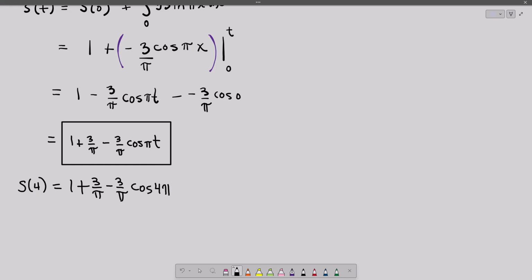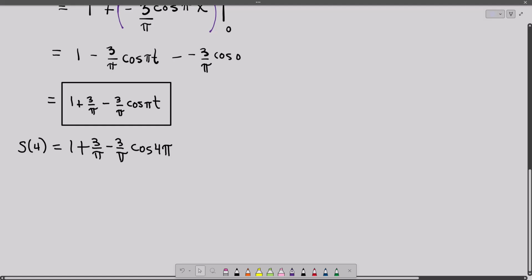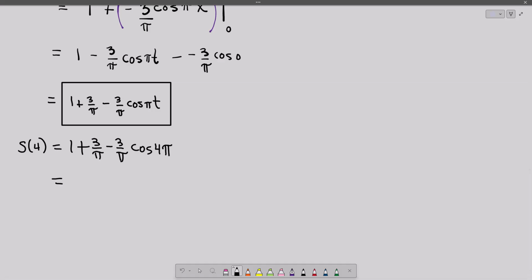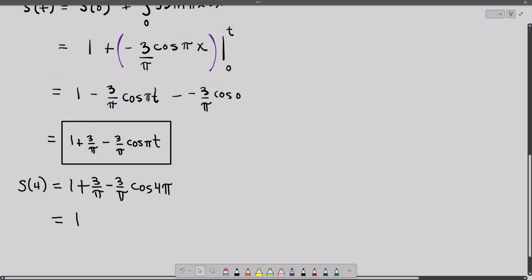And what is cosine of 4 pi? 1. And if that's 1, you get 3 over pi minus 3 over pi, which is 0. So you get 1.